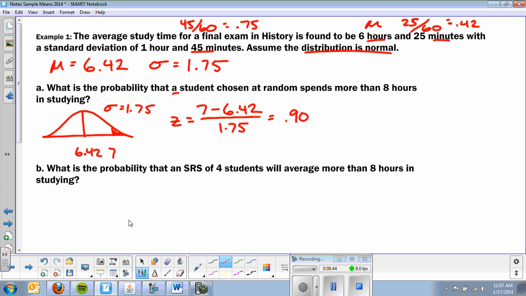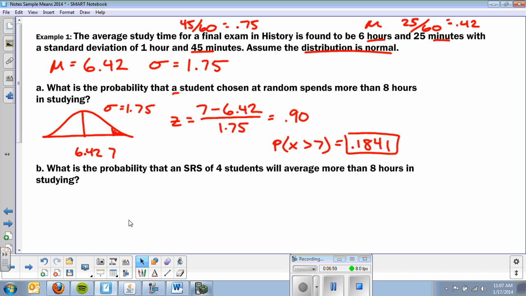So the probability that x is greater than 7 equals 0.1841.